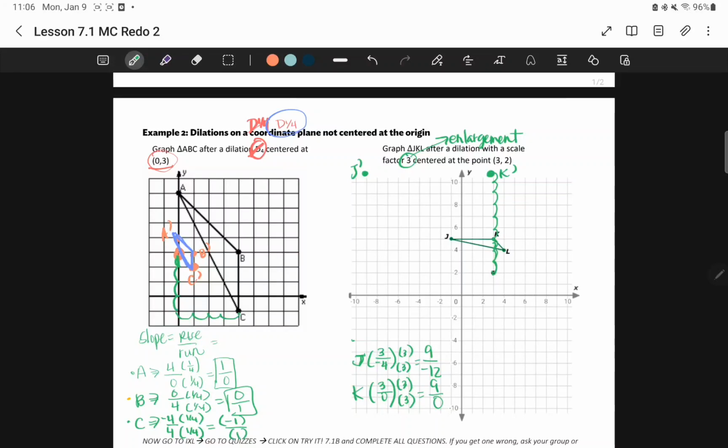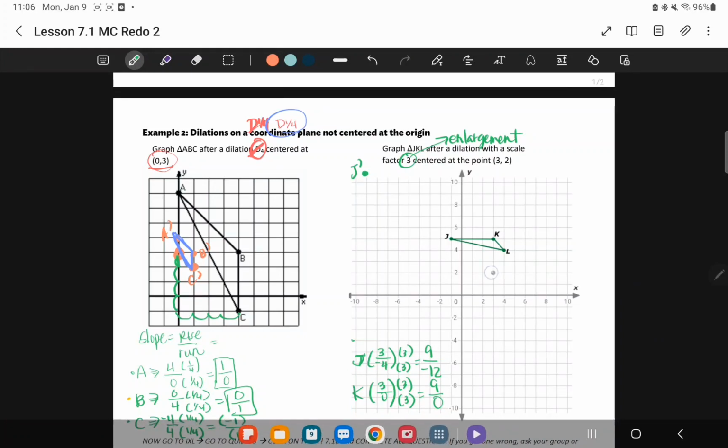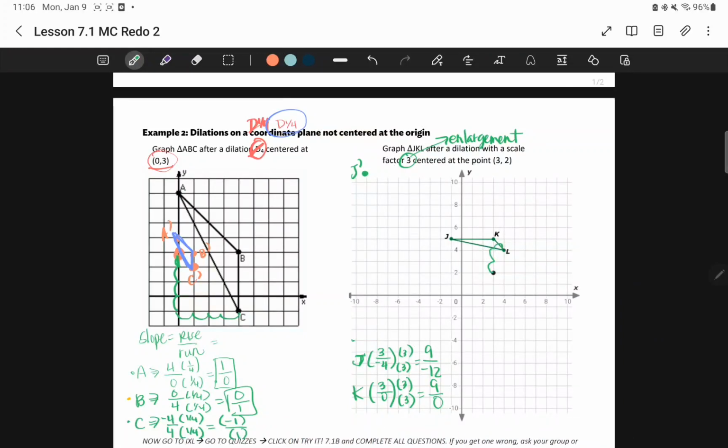And then for L, let's erase this again. When you're doing this, you don't have to erase. You can just go. For L, I'm rising up 1, 2, and I'm running 1. So for L, I went up 2 over 1, and multiplying the top and the bottom by 3 gives 6, 3. So I start at the center and go up 1, 2, 3, 4, 5, 6 over 1, 2, 3. Put a dot.